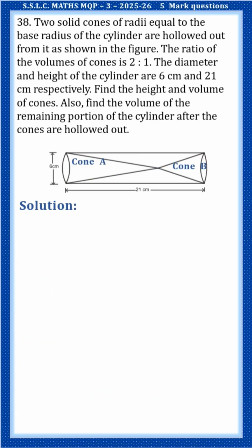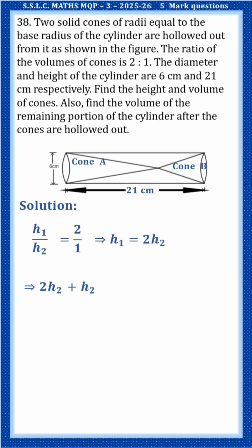So now we have h1 upon h2 is equal to 2 upon 1. Now cross multiply. It means h1 is equal to 2h2. So now we have 2h2 plus h2 is equal to this whole length. Observe the figure, 21 centimeter. Why we have written like this? We know that h1 plus h2 is equal to 21 centimeter.